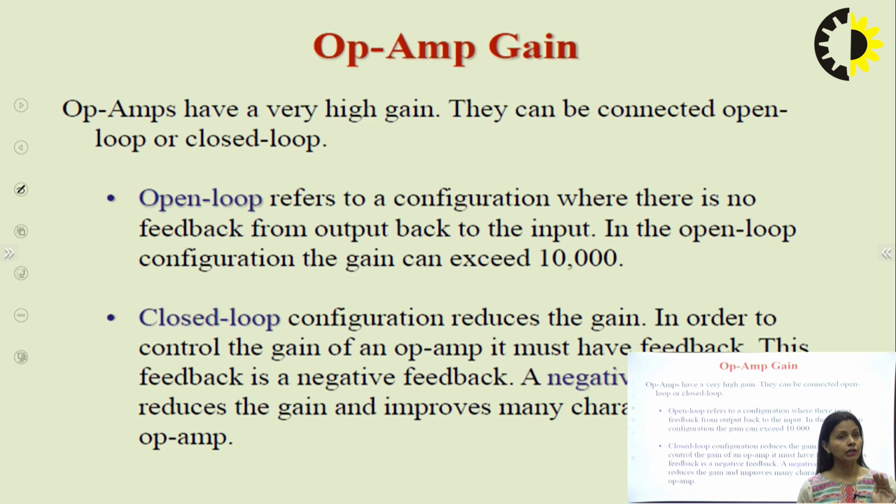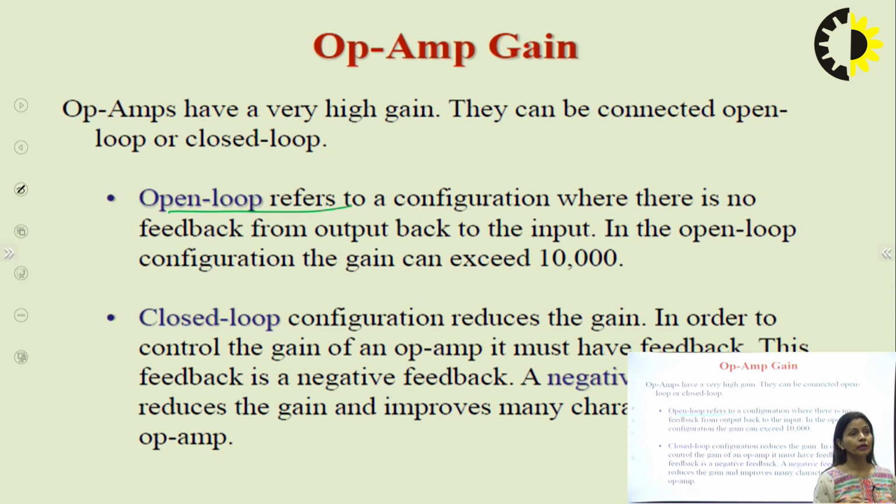Then accordingly, you will apply the rules for closed loop configuration and open loop configuration, right? If the OPAMP is in open loop configuration, that means it has no connection between input and output, that is no feedback at all, and the gain can exceed 10,000 or more.